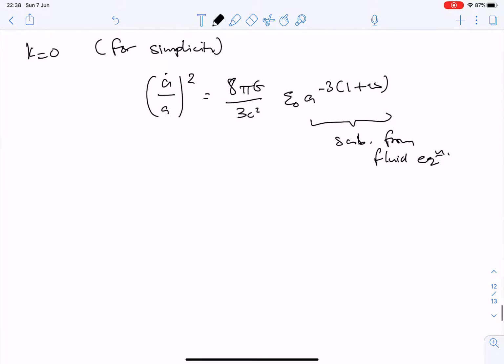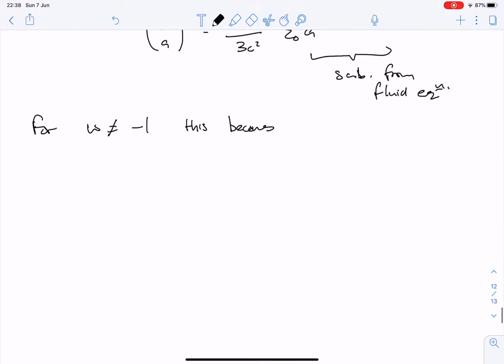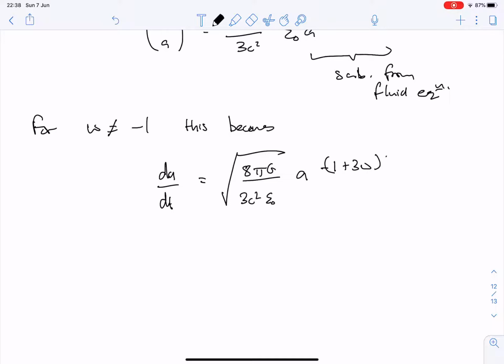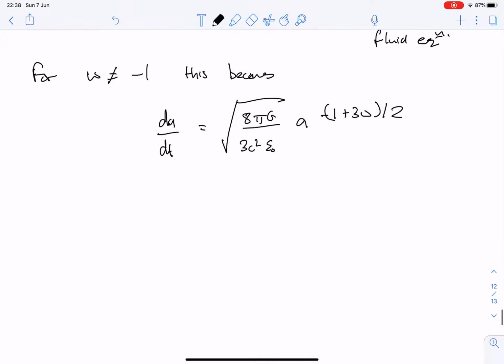And for w not equal to −1, this becomes da/dt equal to the square root of 8πG/3c² ε₀ a^(−(1+3w)/2). Separate, integrate.